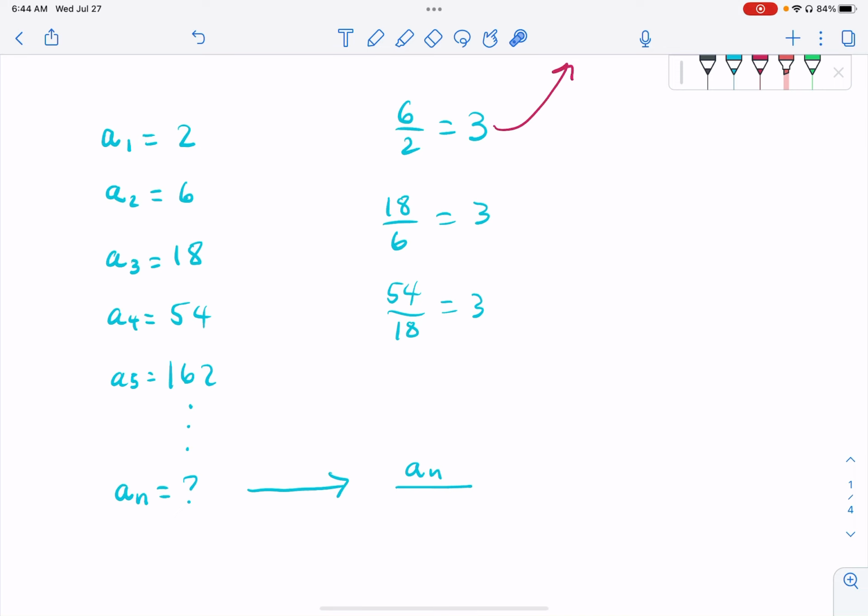If this is the fifth term, you subtract 1 in order to get the fourth one. So this is going to be a sub n minus 1. The n minus 1, all of that is inside the little subscript. You don't subtract 1 from this term. You subtract 1 from the little index down there at the bottom. All right, so we're going to call that r. And this r here, that's the common ratio again.